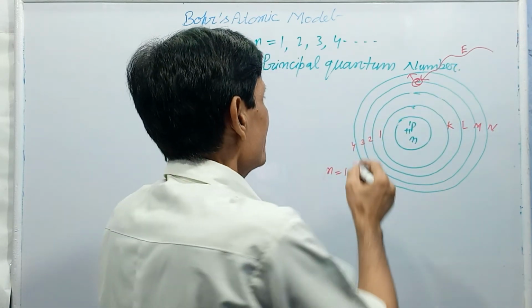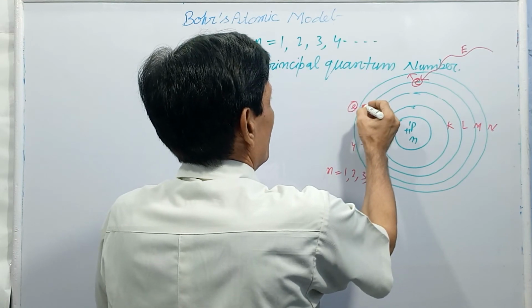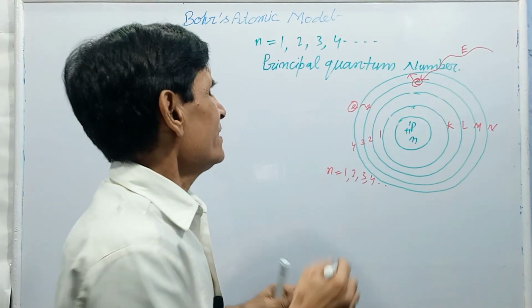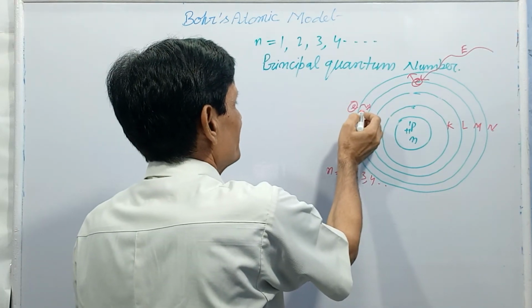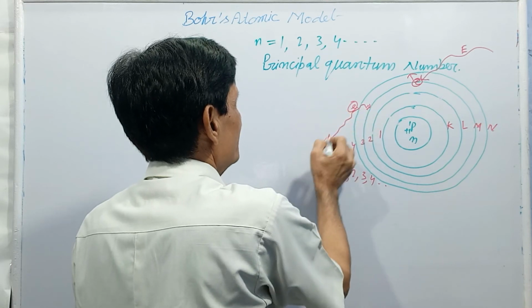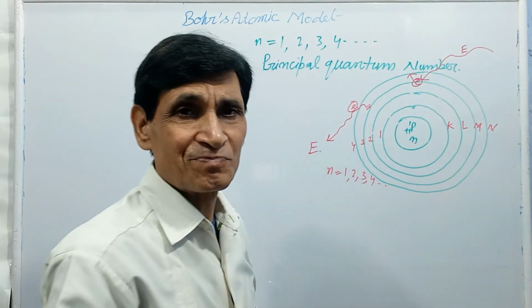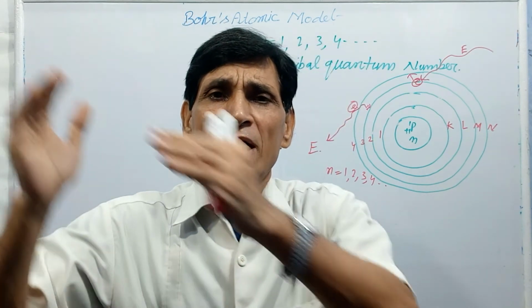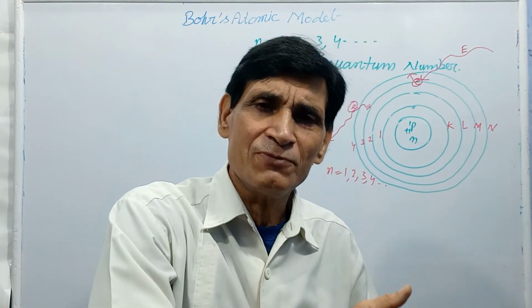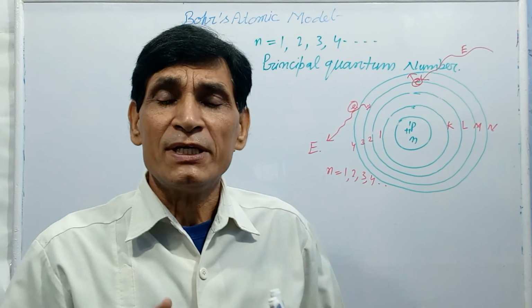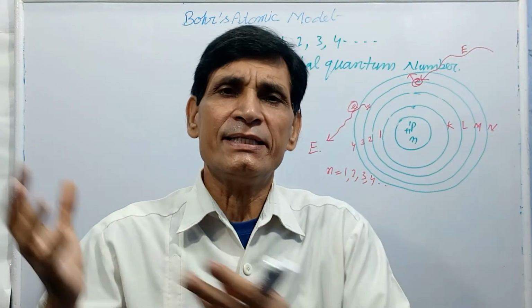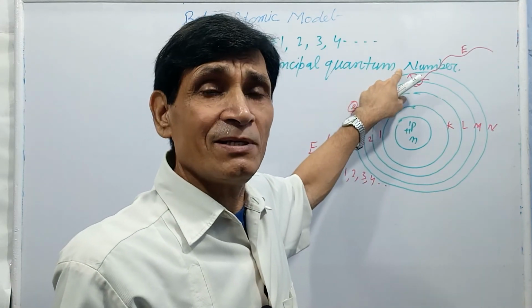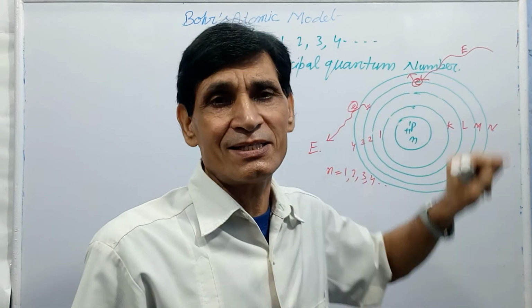And when an electron jumps from higher energy level to lower energy level, it loses energy in the form of radiation. After absorbing energy and going from lower to higher energy level, this is the excited state of the atom.